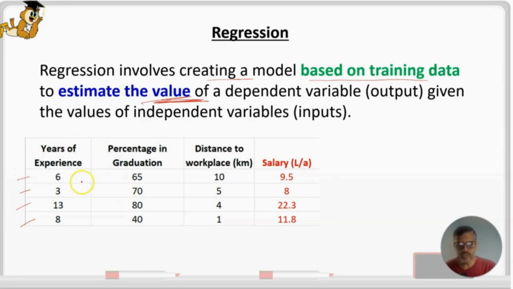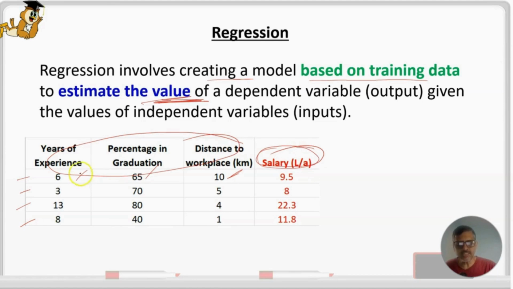For each of these persons, we have tabulated their years of experience, the percentage that they received in their BCom or BS or BTech or whatever, and how far they live in kilometers from their workplace. Based on these three factors, we are interested in predicting the salary of that individual.